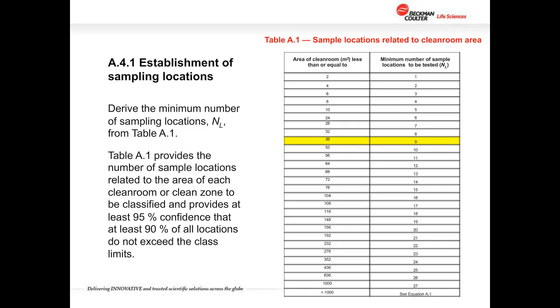Well, the square root of 36 would be 6. However, the chart today says the number needs to be 9. And again, this is based on the effort to try to make a stronger statistical platform to make our decision that, yes, the room meets that criteria with reasonable confidence, with 95% confidence of that. So you'll find in most cases similar modest increases in the number of points spread throughout the area.